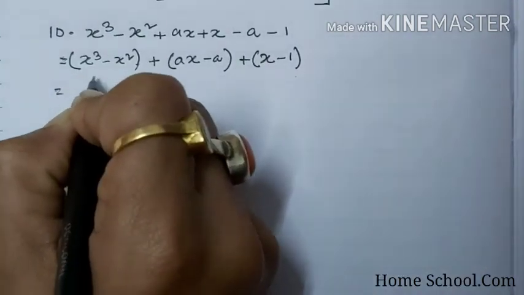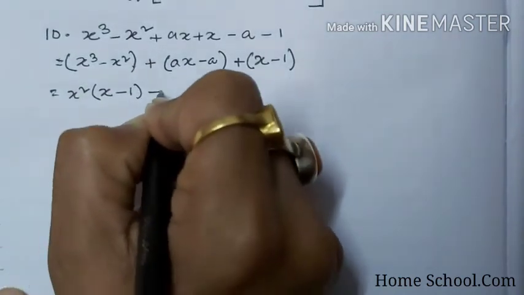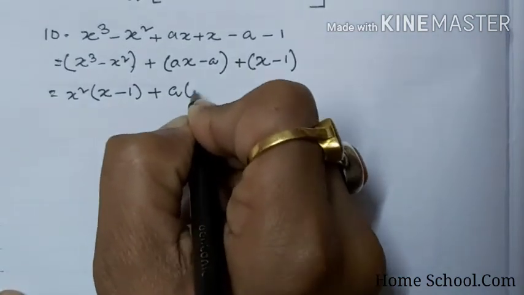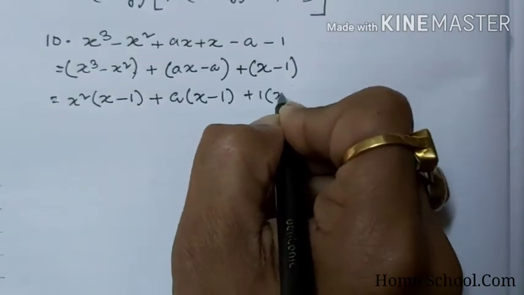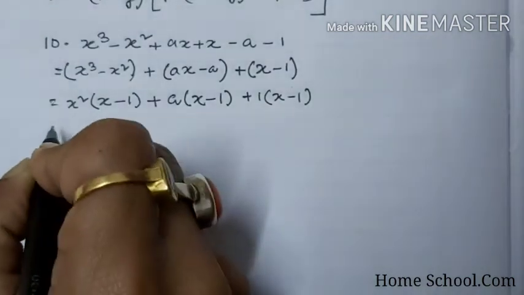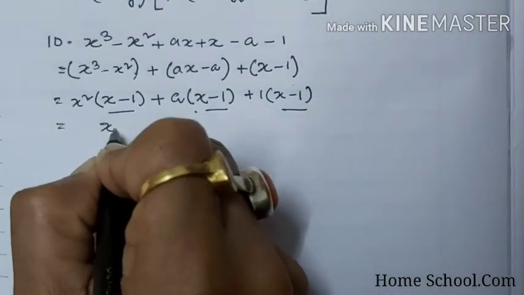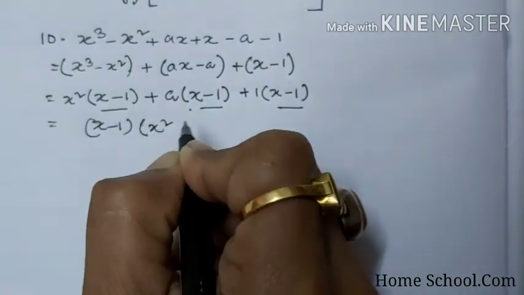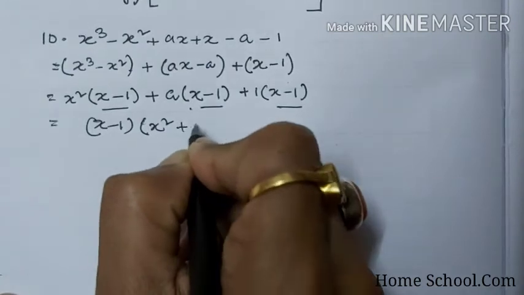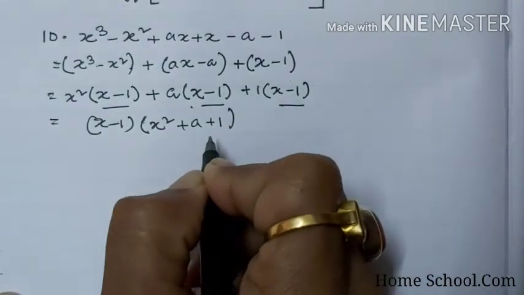If you take x square common, x minus 1 remains; if you take a common, x minus 1 remains; if you take 1, it becomes x minus 1. So the answer is x minus 1 as a common factor: (x minus 1)(x square plus a plus 1). This is the answer.